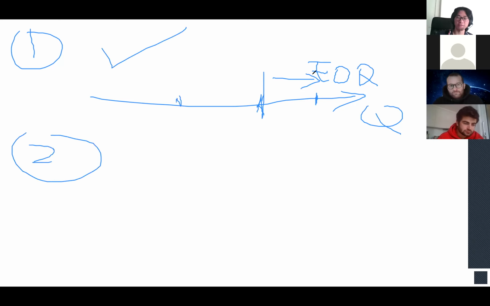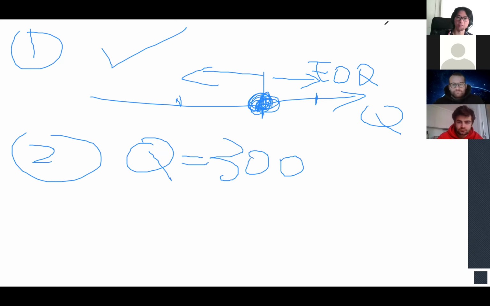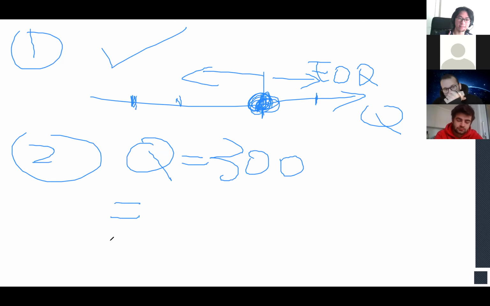But if it's to the left, then there are two points you are considering. The first point is when Q equals, here it's 300, the discounted price threshold, which is usually given in the context.